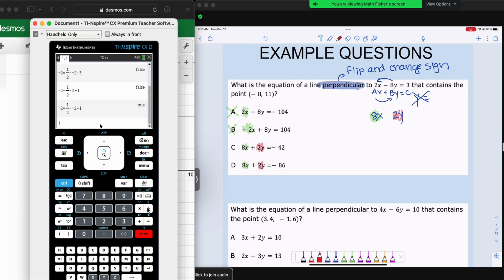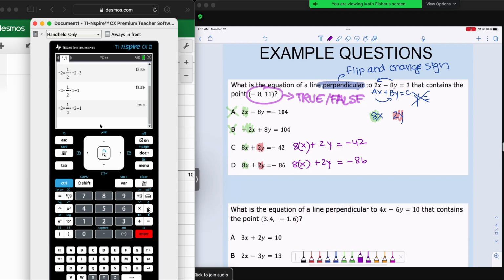So now, to choose between C and D, we're going to do true and false, like we always do. You can use true and false on so many different questions. So you have 8x plus 2y equals -42. Then you have 8x plus 2y equals -86.